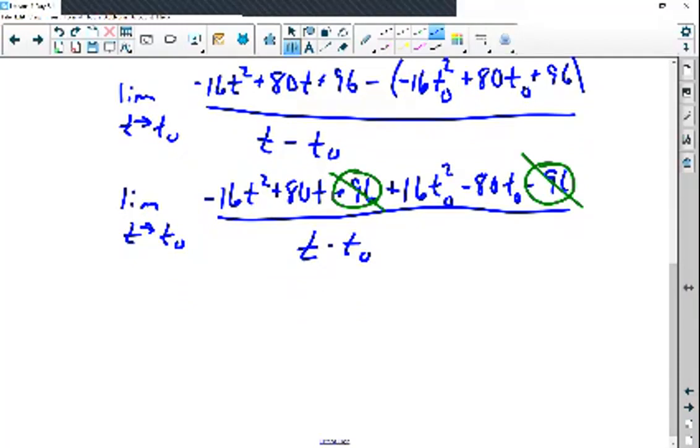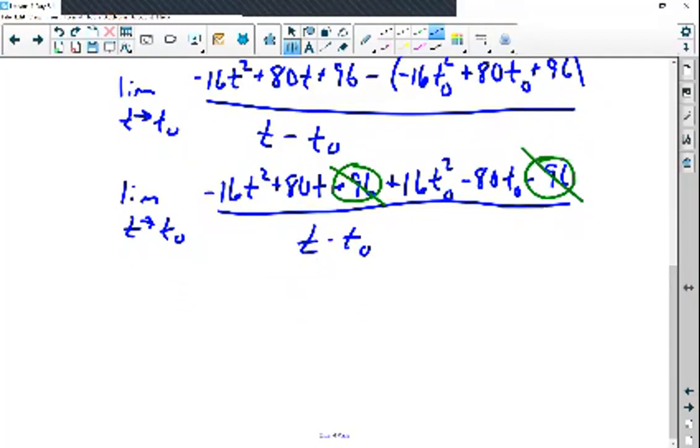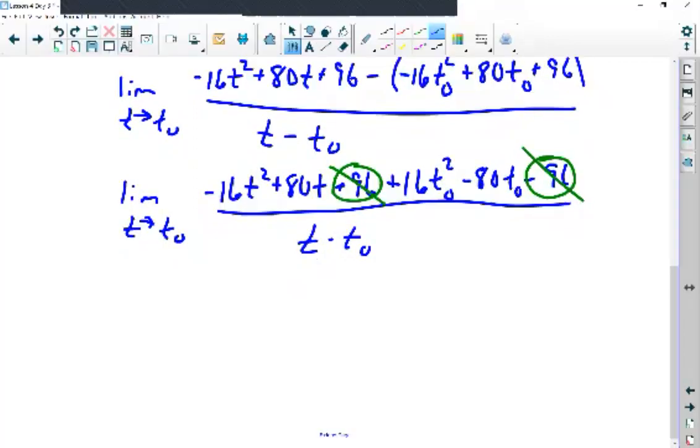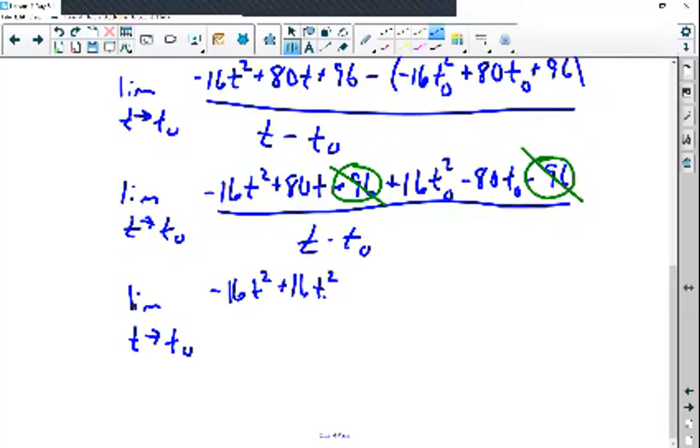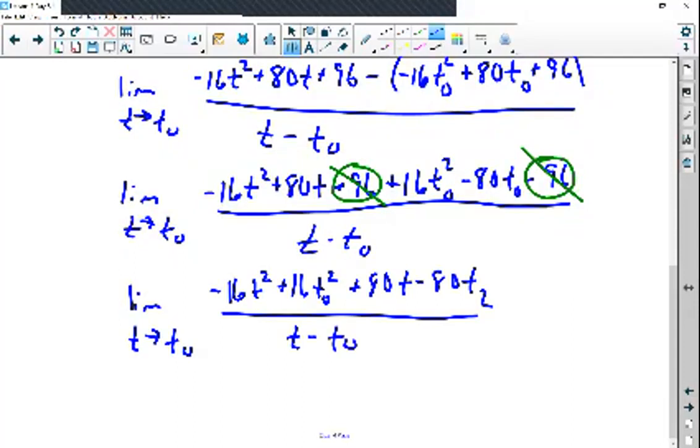The rest, what I'm going to do is group them together. So I'm going to take the limit as t approaches t sub 0. And that's plus 80t minus 80t sub 0 over t minus t sub 0.